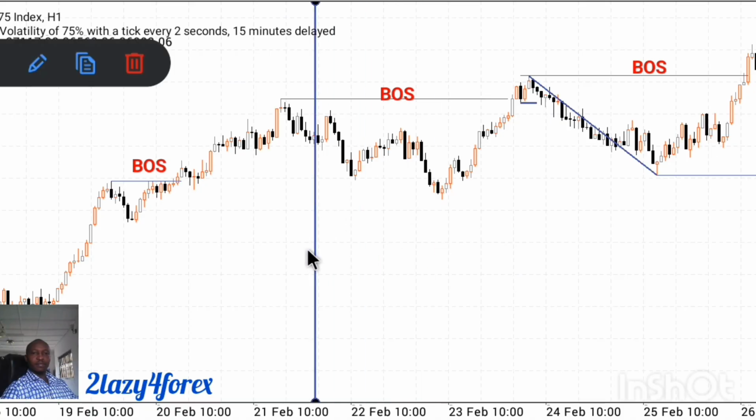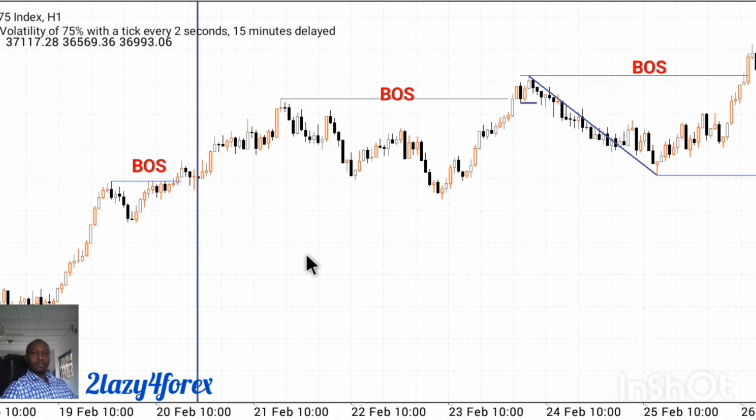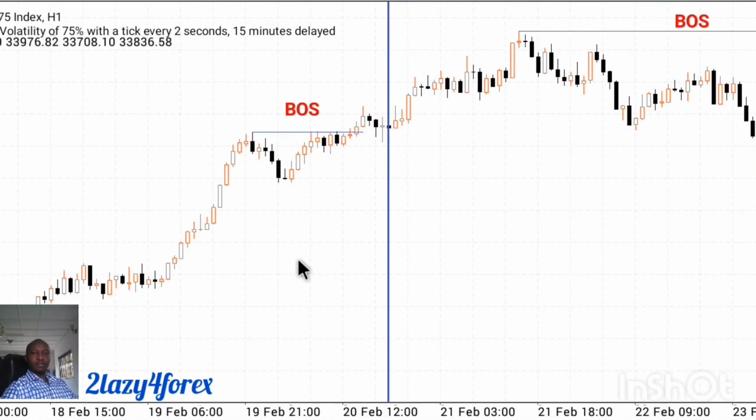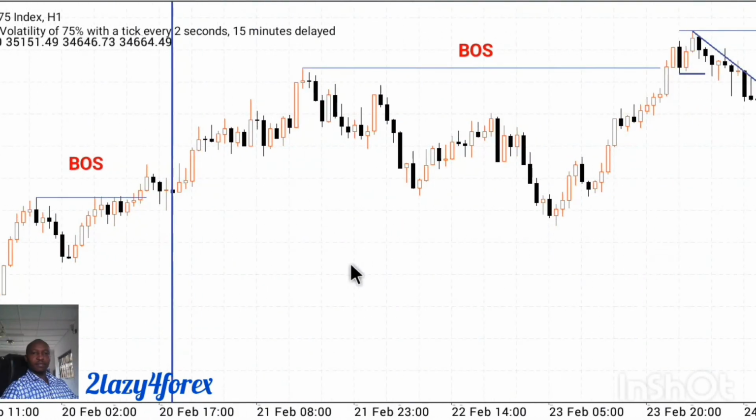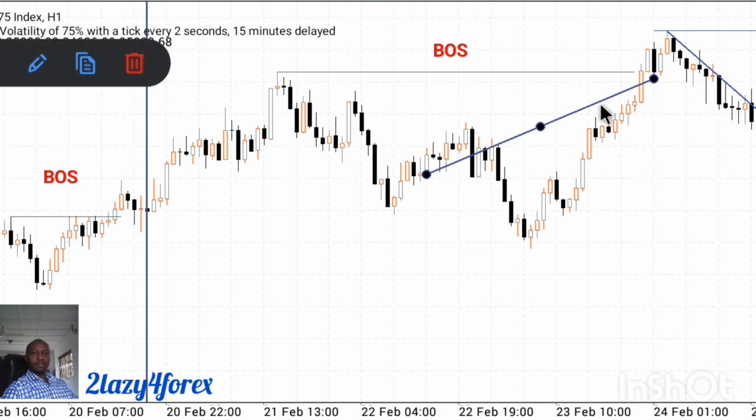Okay, let's look at this one for example now. Let's come here and look at this one. Does this qualify as a pullback? Let's look at it. Where is the high?